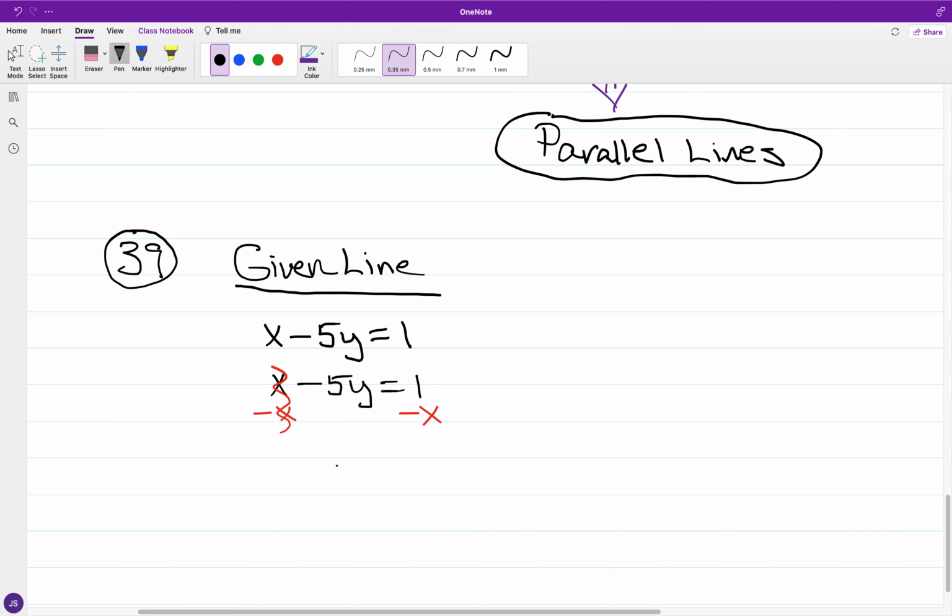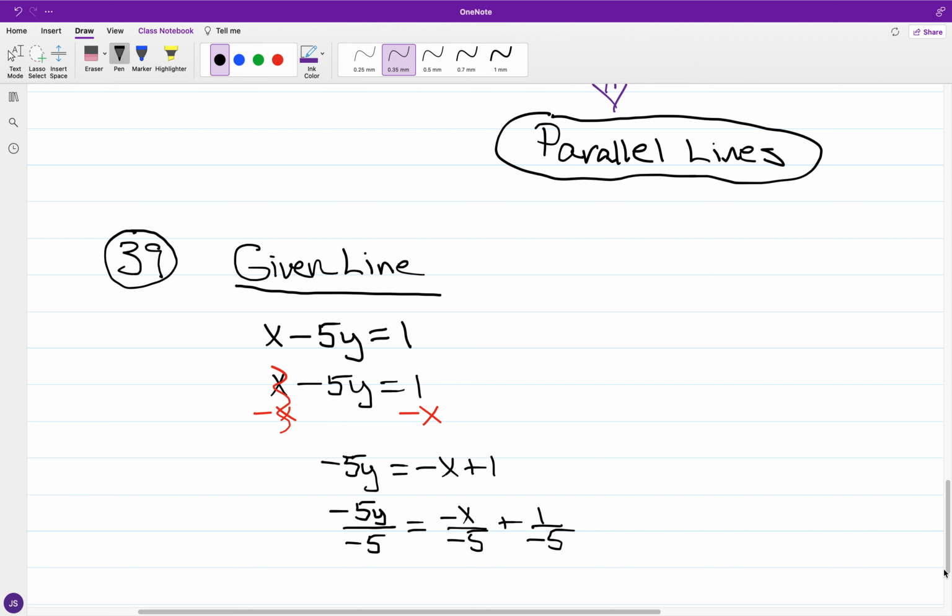So I have negative 5y is equal to negative x plus 1. And then taking care of the coefficients, negative 5, dividing all the terms by this value.